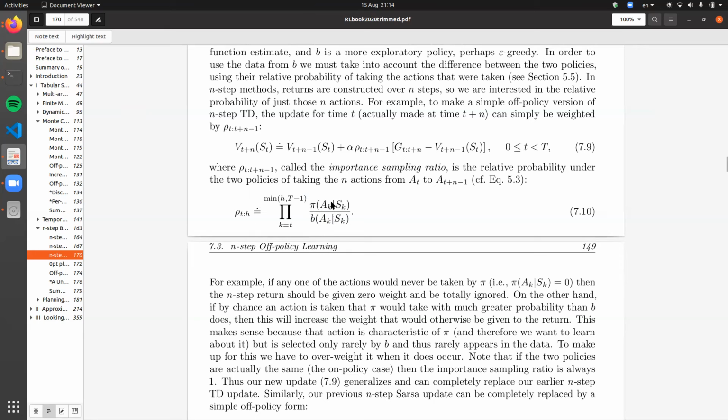But this multiplier will just zero out the contribution of the returns observed after taking a non-greedy action.